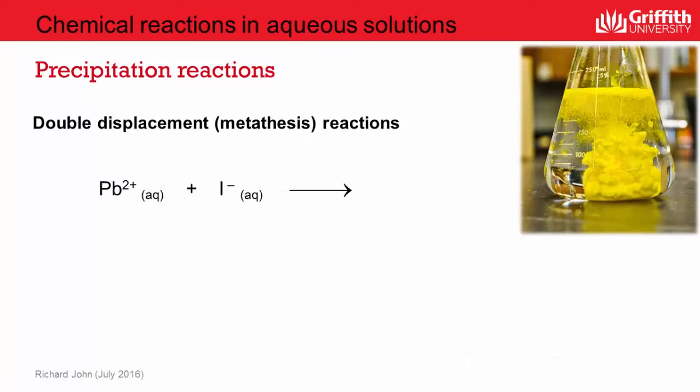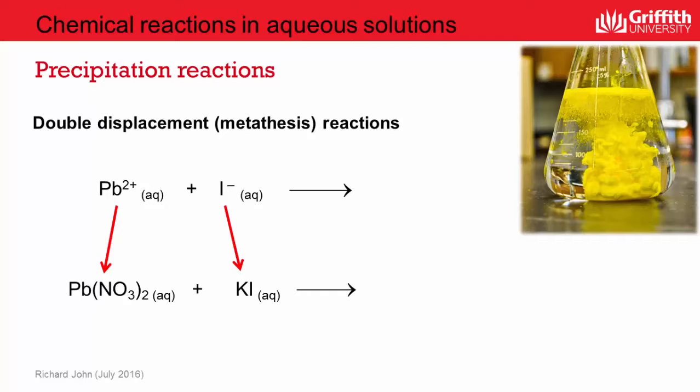So we've got lead(II) ions coming together with iodide ions. When the lead(II) ions are in the presence of nitrate ions, they're quite soluble. All nitrate salts are soluble. And when iodide ions are in the presence of potassium ions, they are also quite soluble and readily form aqueous solutions.